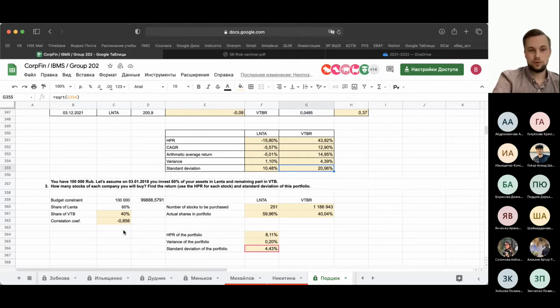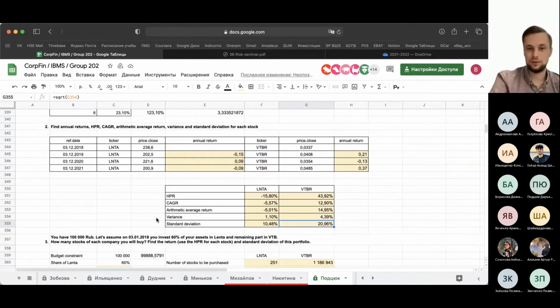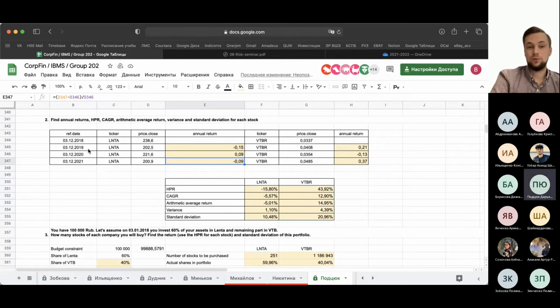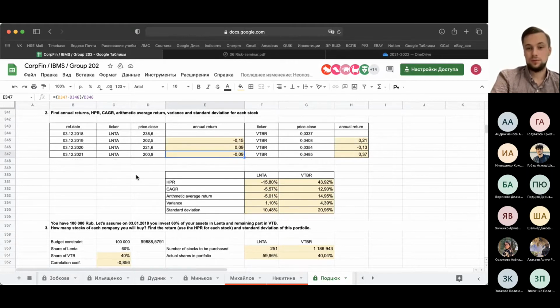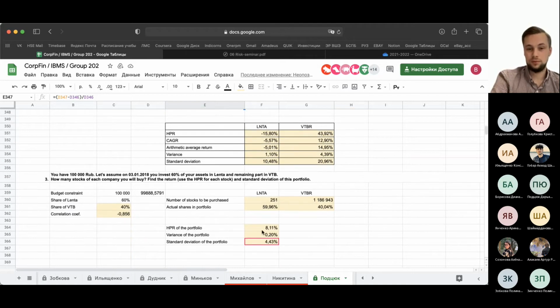It is because we have the correlation coefficient close to -1. So we can see that when VTB grew, Lenta fell, and vice versa.